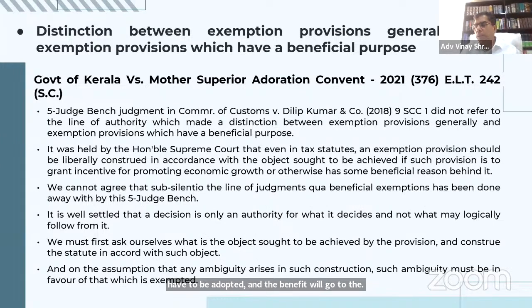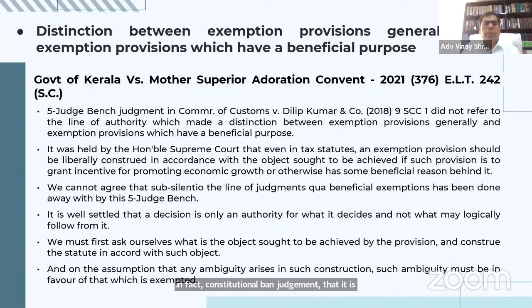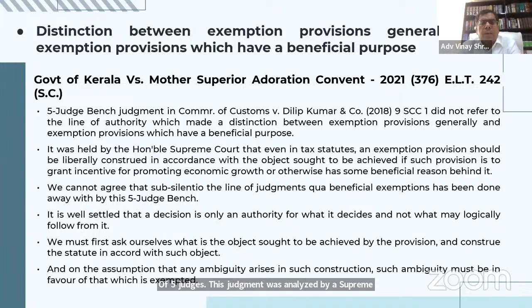But this judgment of the Honorable Supreme Court, which is in fact a constitutional bench judgment, a judgment of 5 judges, was analyzed by a Supreme Court judgment in the case of Government of Kerala versus Mother Superior Adoration Convent.